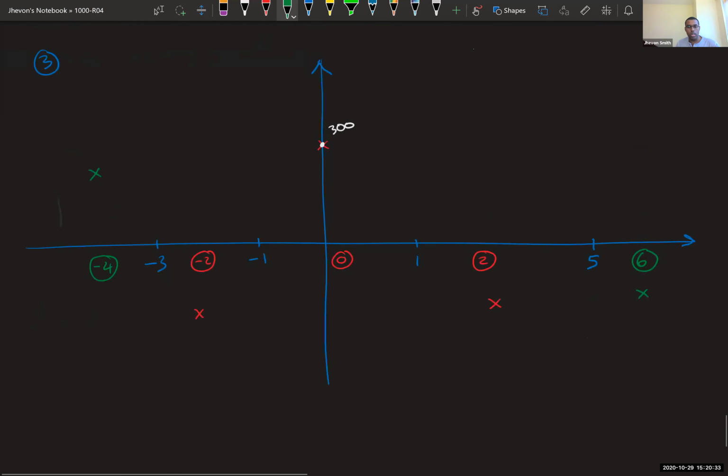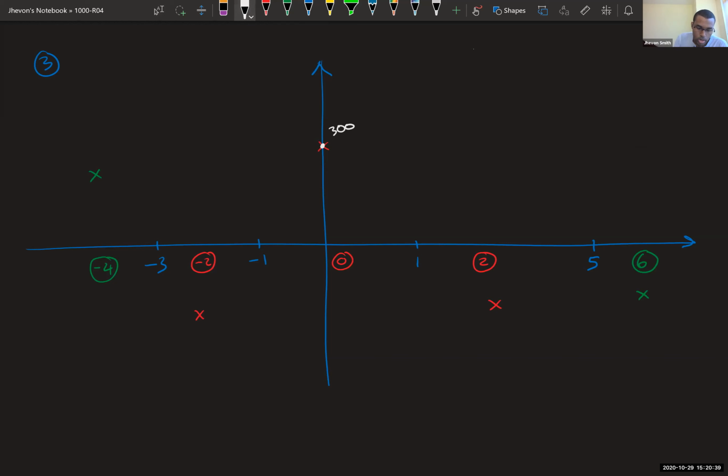So now, what do you do? You just draw the picture that passes through all the intercepts. You definitely need to make sure you pass through -3 on the X, -1 on the X, 300 on the Y. You need to pass through 1 on the X, and you need to pass through 5 on the X. But other than that, you're just going to obey where you should be on the graph.